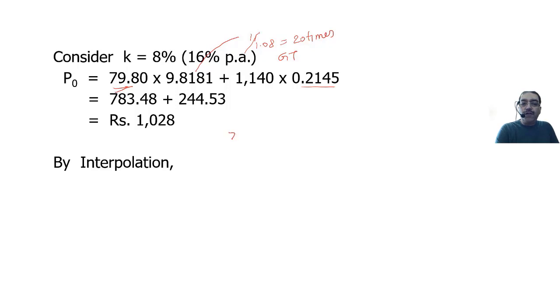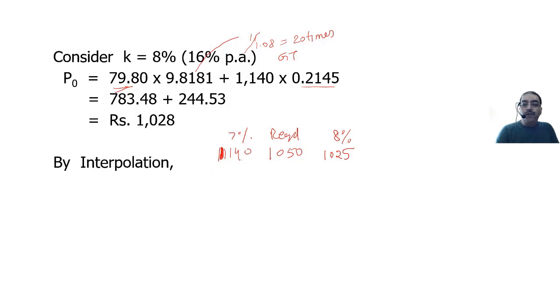One is 7% wala, one is 8% wala. 7% wala figure is 1140. 8% wala figure 1028. And in the center, I write required value. Required value is 1050. Correct?